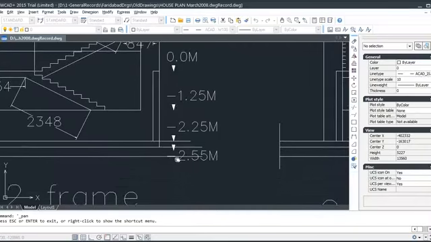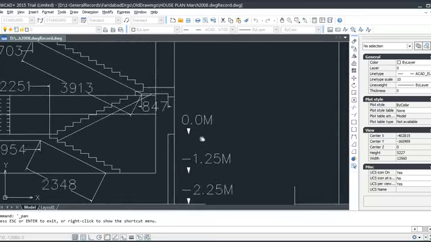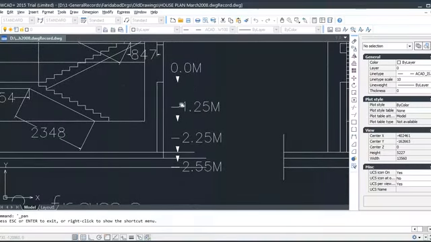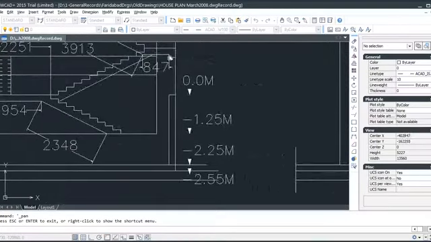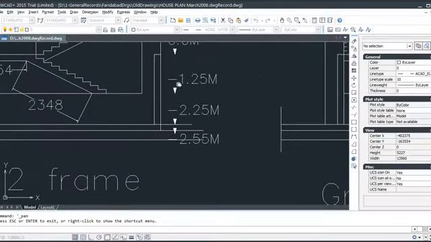For example, in minus, when we say it goes below ground level or whatever level we fix, and we say plus, say here is 0, then minus 1.25 means we are going down. I have taken this from the basement, and then you say it's going down further there, 2.25, and like that.